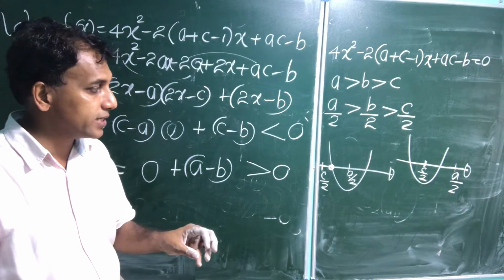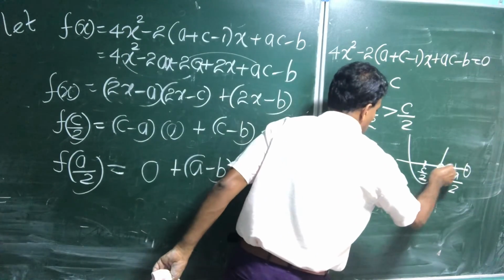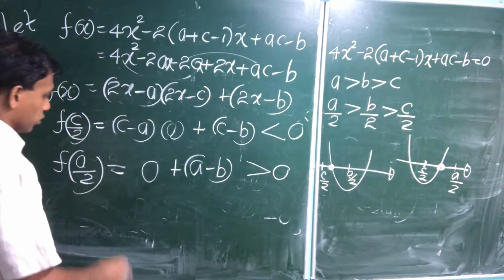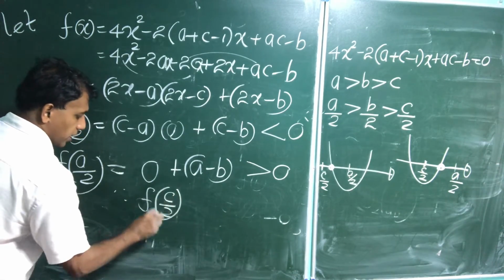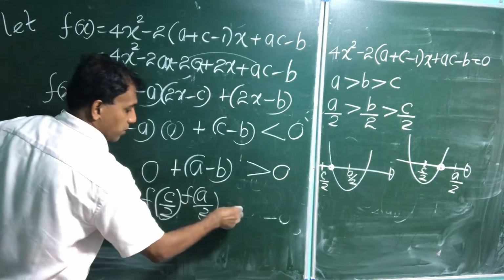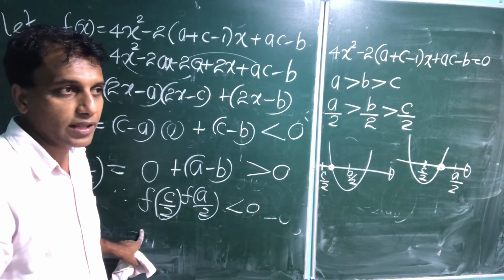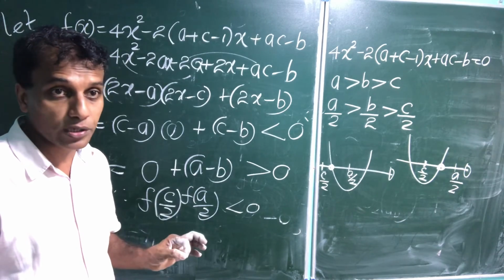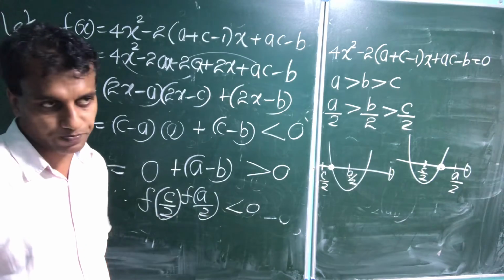Then the answer is one of the solutions between c by 2 and a by 2, right? Therefore, f of c by 2 into f of a by 2, plus into minus, is less than 0. Okay, then write: therefore the given equation has a root between c by 2 and a by 2.